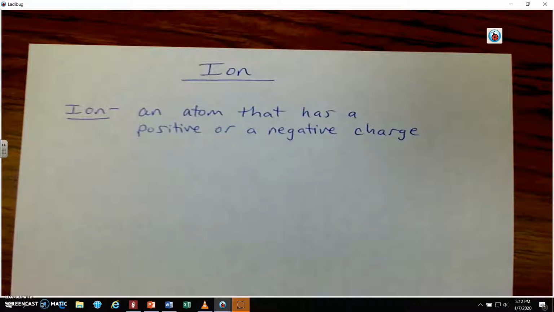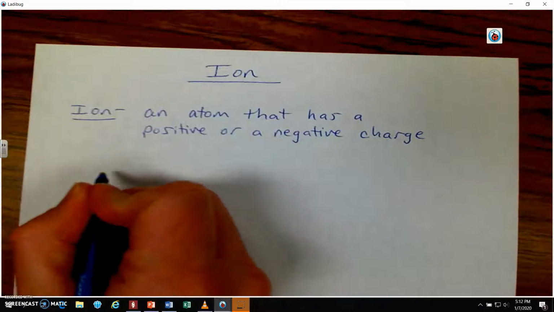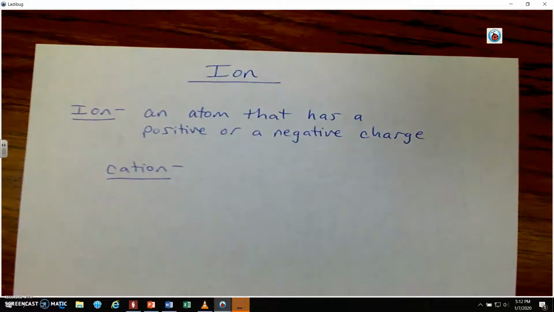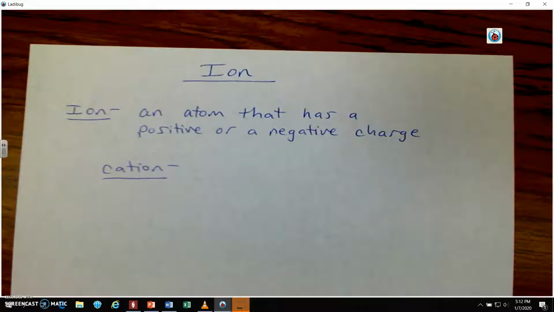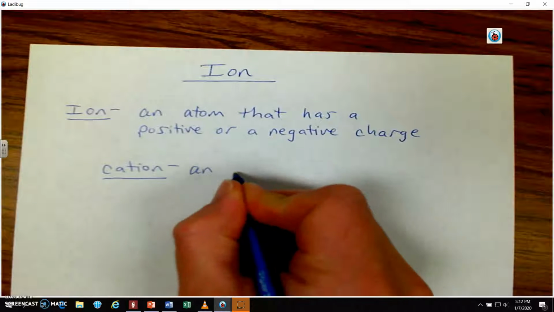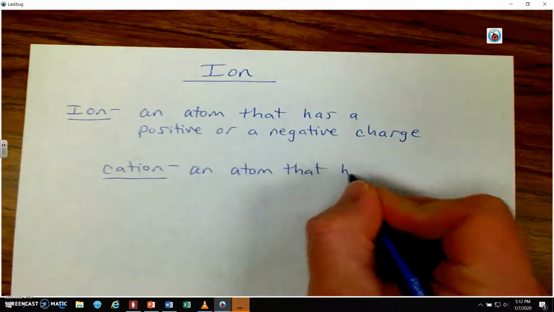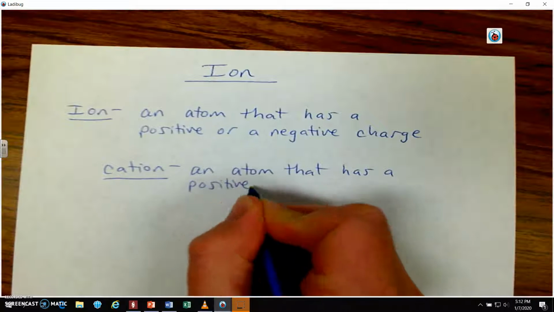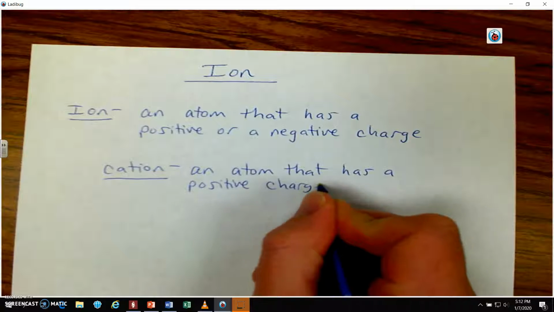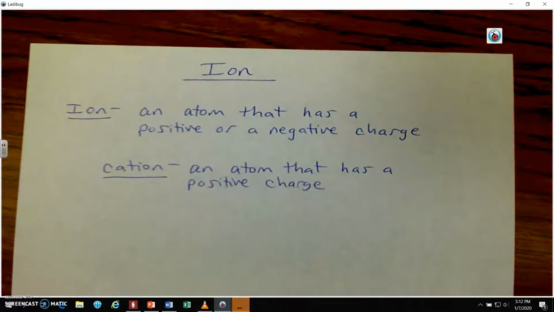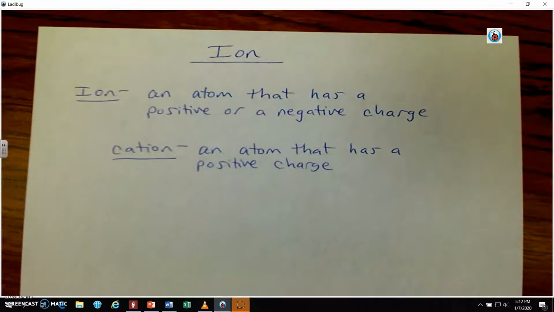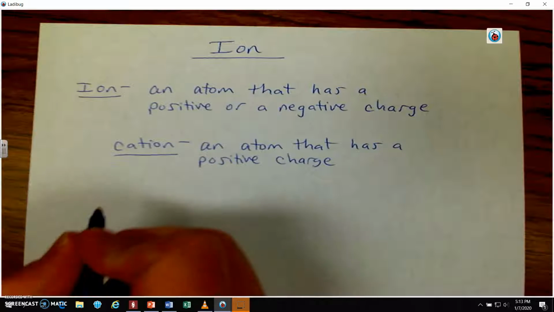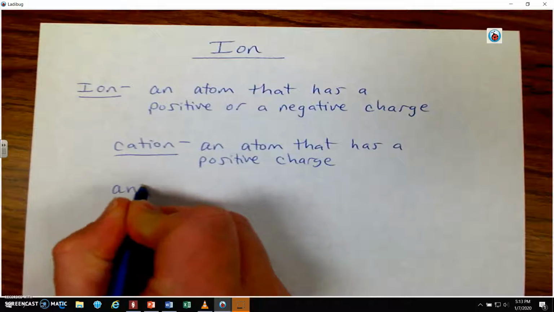If that charge is positive, then what you have is a cation. A cation is an atom that has a positive charge. If your atom is negative, then what you have is an anion.